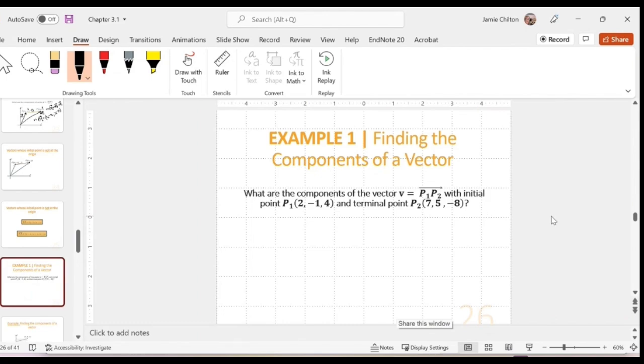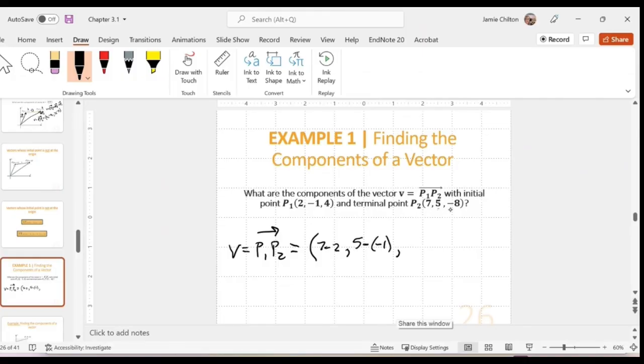To figure out that vector V, I'm going to write it in components here. You take P2 minus P1 for the first component, so we'd have 7 minus 2, and a comma. Now we go to our second component, so we have 5 minus -1.